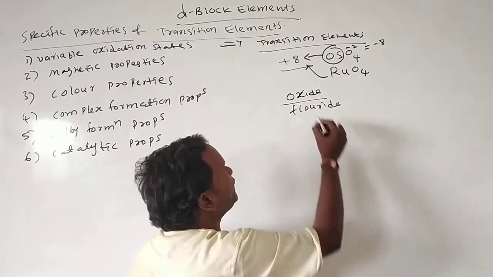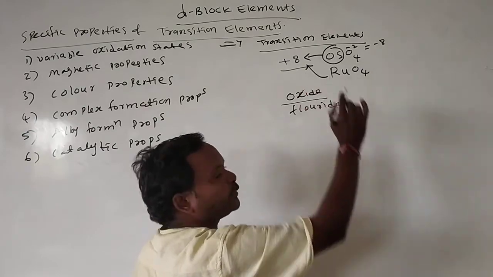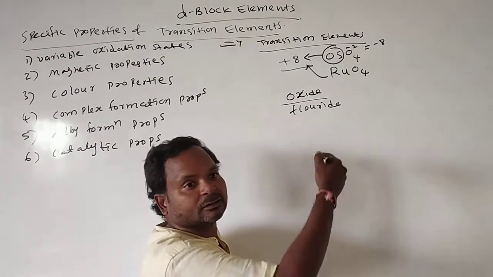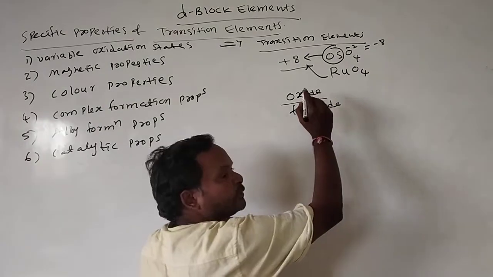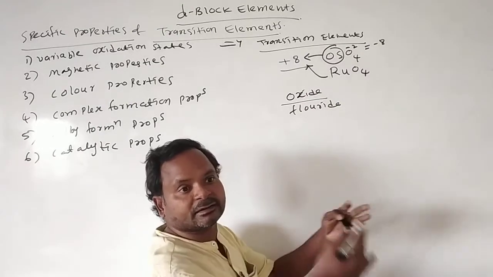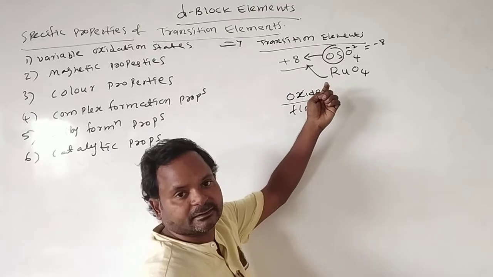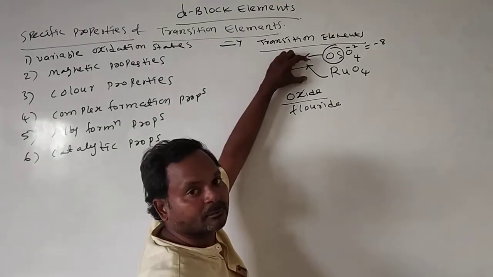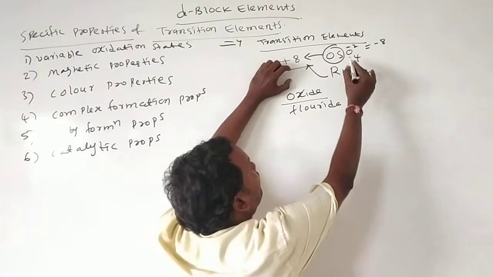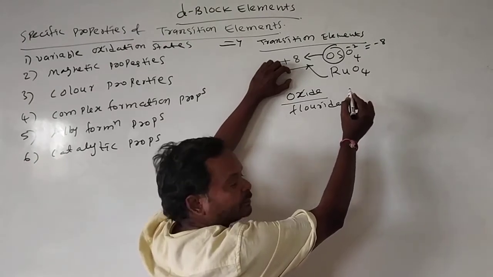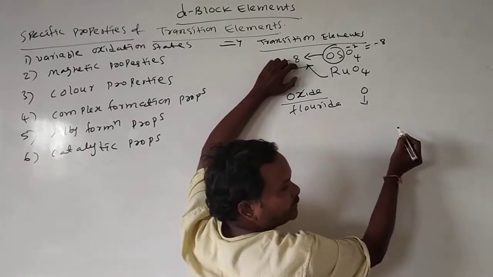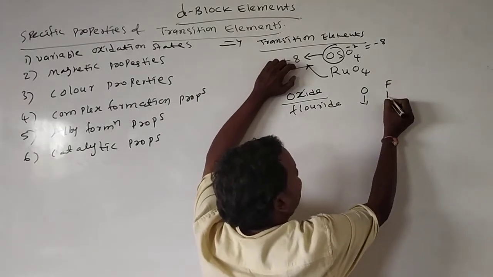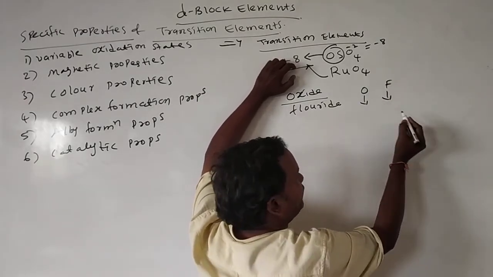These also form attraction forces with the nucleus of the central metal ion, because they are more electronegative. Oxygen is the second most electronegative, fluorine is the first most electronegative.